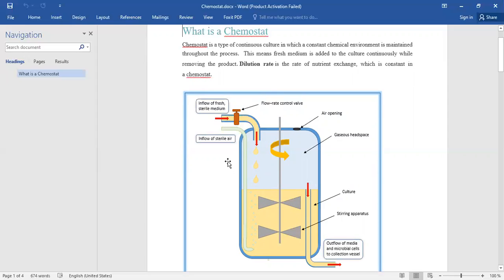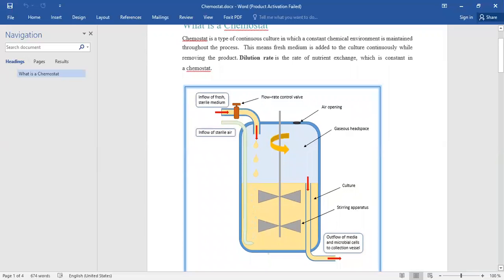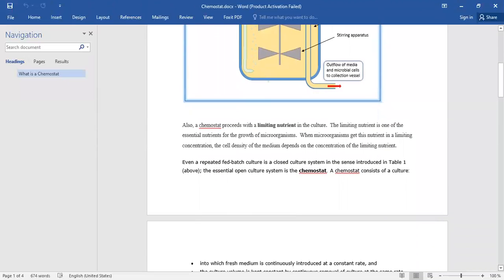In this chemostat, sterile media is added, and media and some culture cells are taken out at regular times, so that a particular amount of chemicals is maintained in the culture media. A chemostat proceeds with a limiting nutrient in the culture, which is one of the essential nutrients.